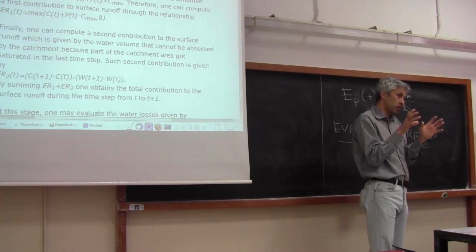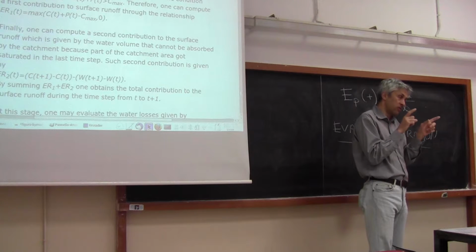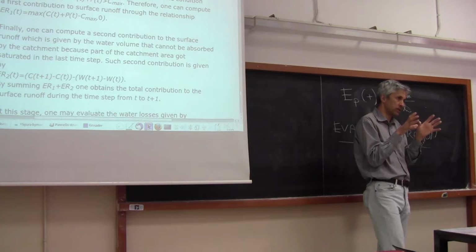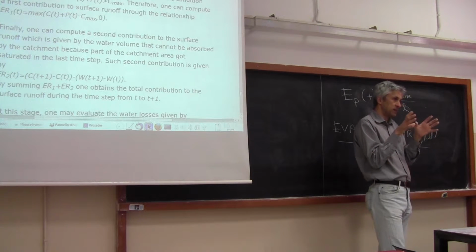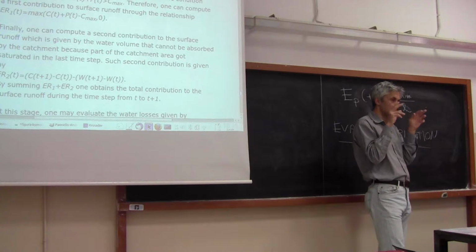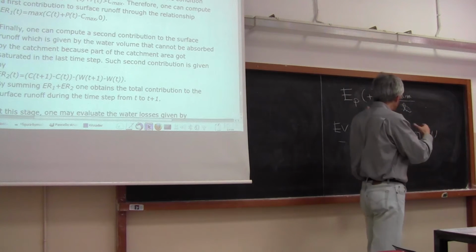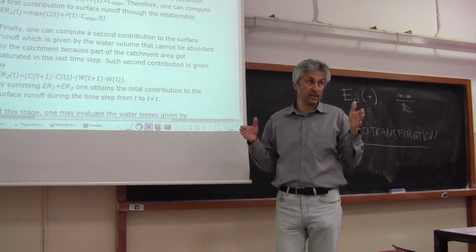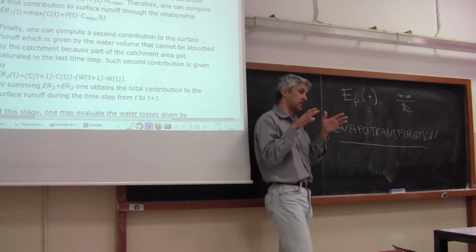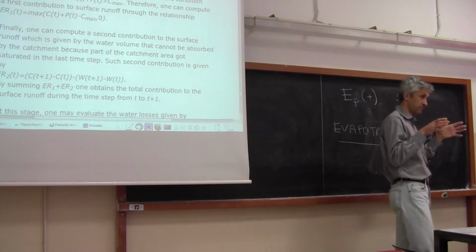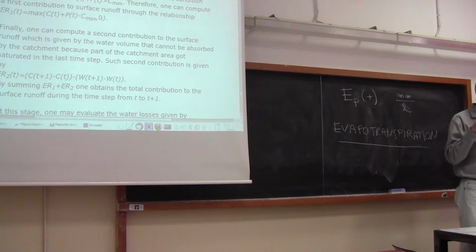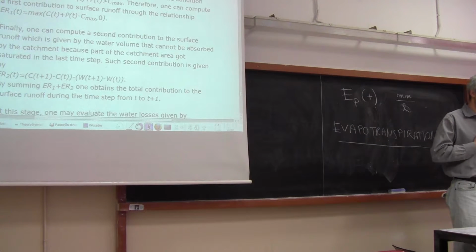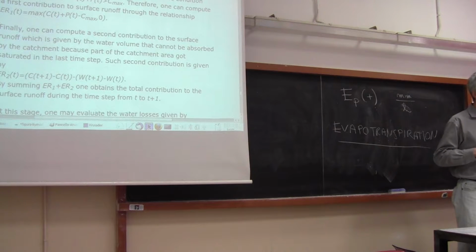So we need to refer to a situation with empirical formulas that is well defined in terms of water content. So with these empirical formulas, the idea was to deliver to you an estimate of the potential evapotranspiration. What is potential evapotranspiration? It's defined as, and this is something that I may ask you, the maximum value of evapotranspiration that you have when there is plenty of water available.